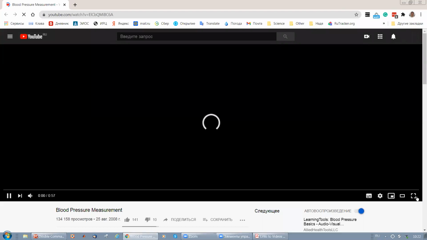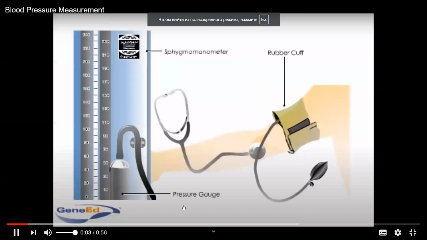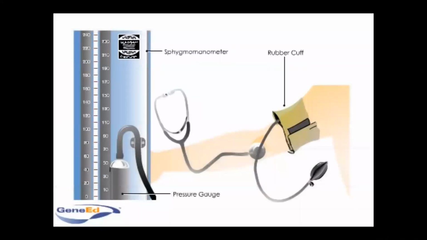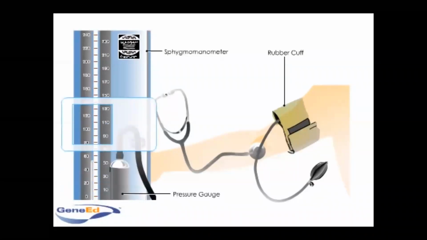So first one is blood pressure measurement. Sphygmomanometer, or blood pressure cuff, is a device that measures blood pressure in millimeters of mercury. It consists of a rubber cuff attached to a pressure gauge. The cuff is placed around the arm, and a stethoscope is placed against the brachial artery. When inflated, the cuff creates enough pressure to block the flow of blood through the artery, which results in no pulse sounds being heard through the stethoscope.